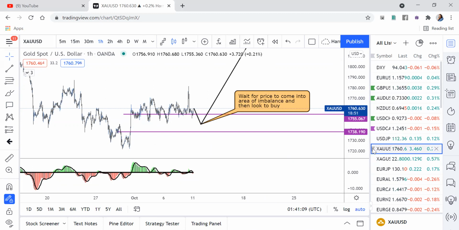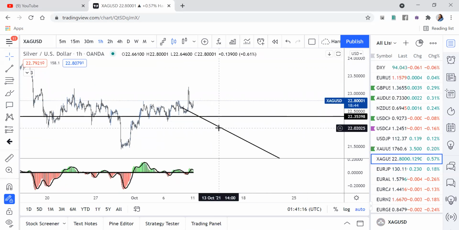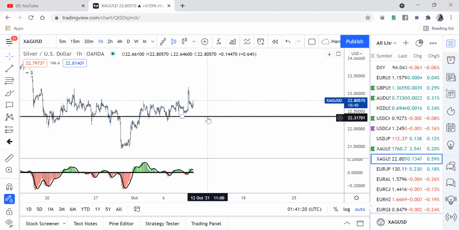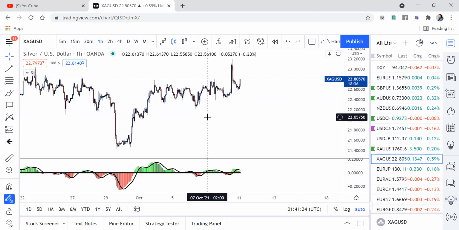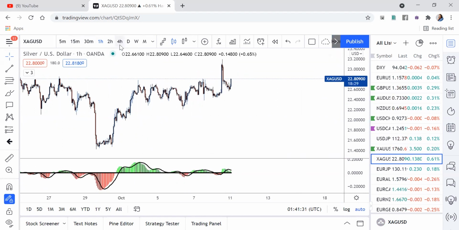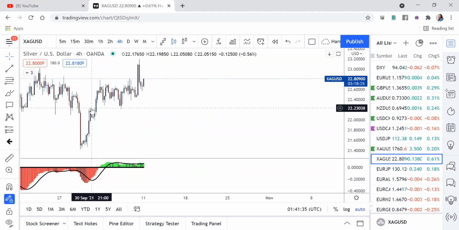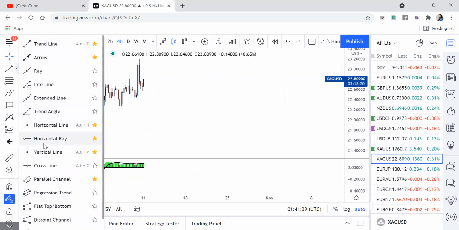Okay. Same thing with silver. Tell you what I'm looking at. So let's see if I like silver. All right.